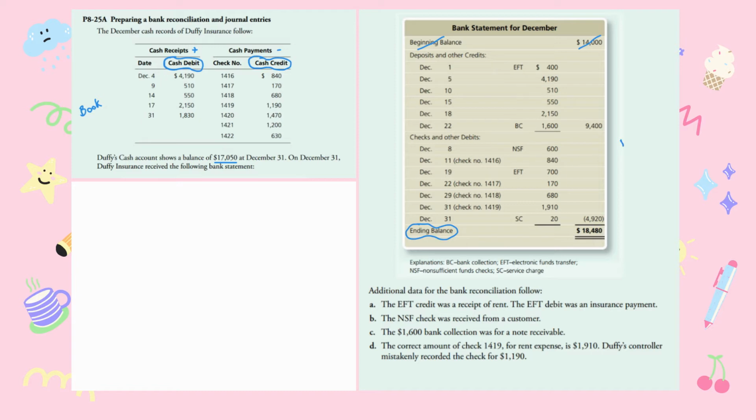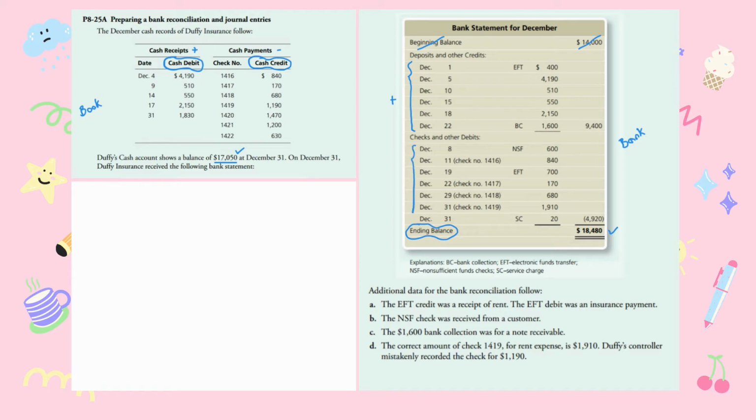So this is the bank statement. So this is the ending balance per bank, and this is the ending balance per book. Now here we have deposits and other credits. So this is the cash increase, and then checks and other debits.